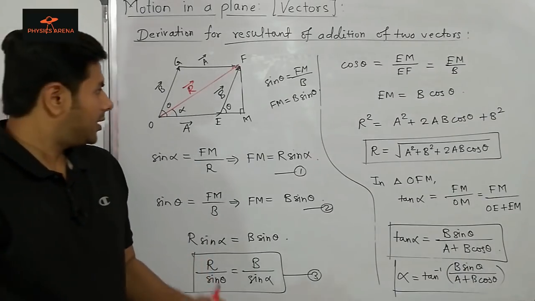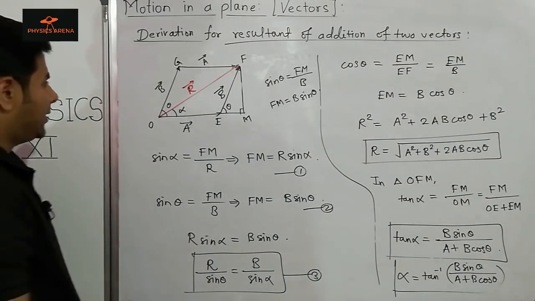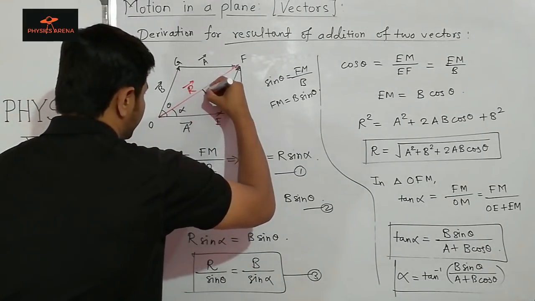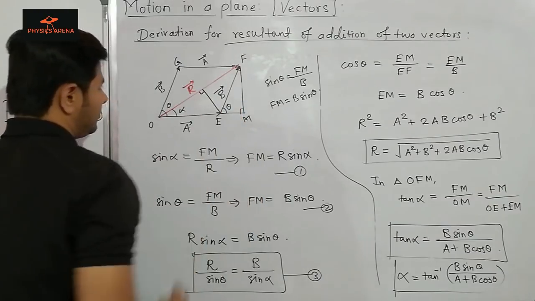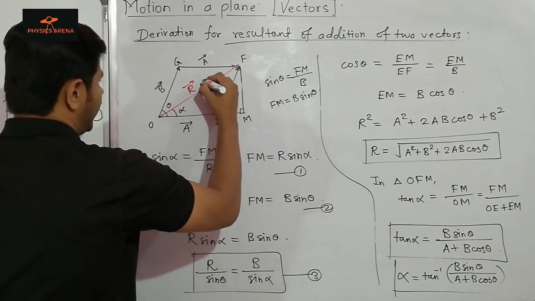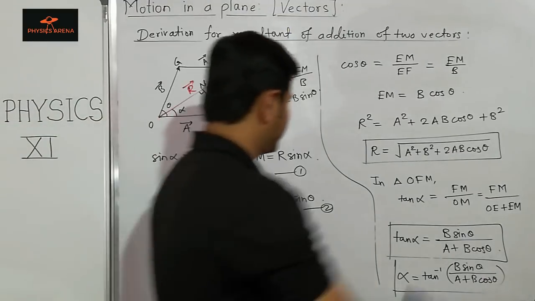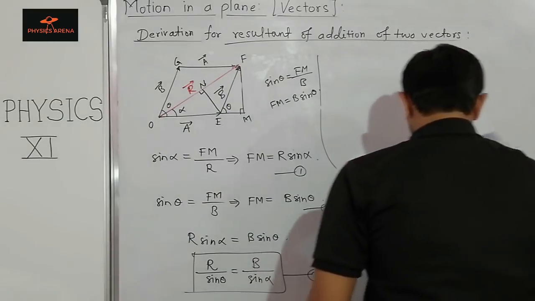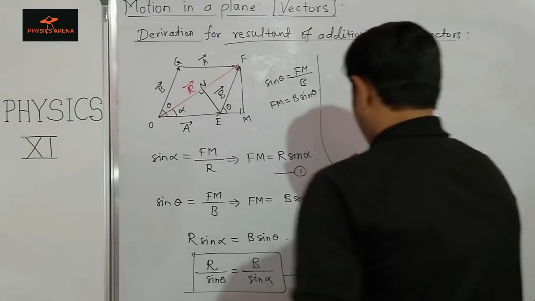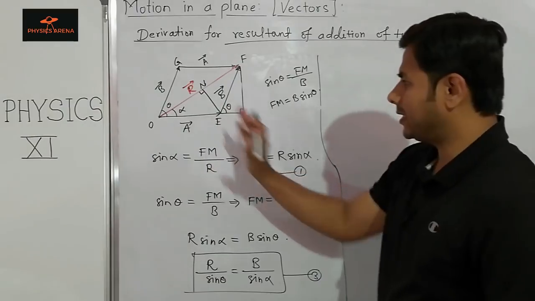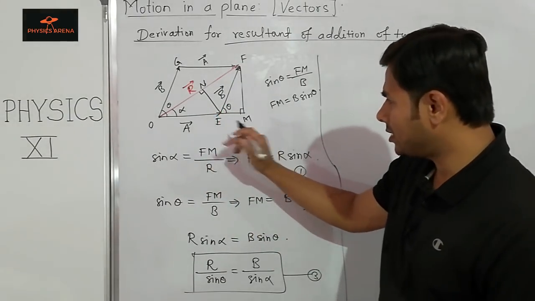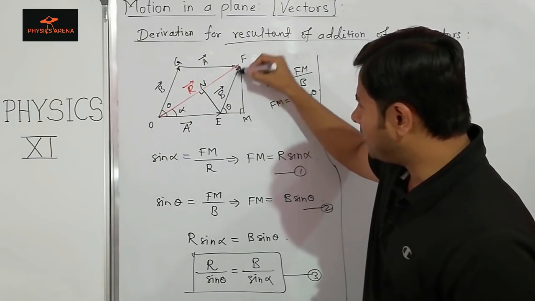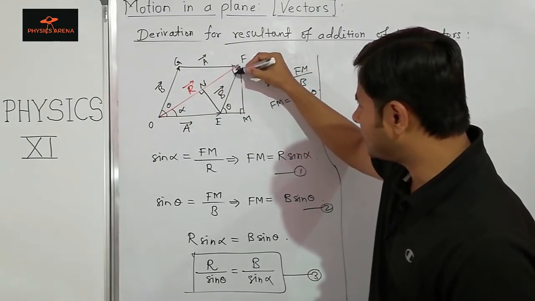Okay, then what we do is we draw a perpendicular from here. So like this, suppose this is some point, let's call it N. Let us erase this. Now you can see that in this diagram I will find sine of alpha, and let's say the angle between B bar and the resultant is beta.